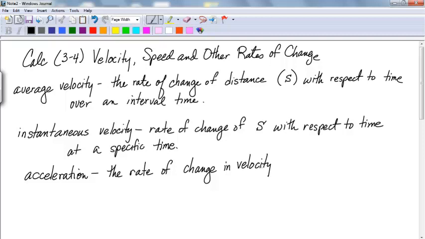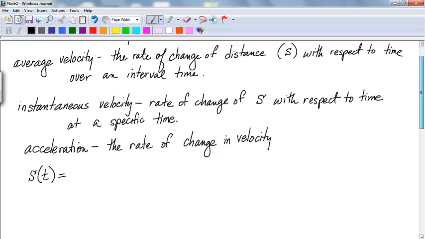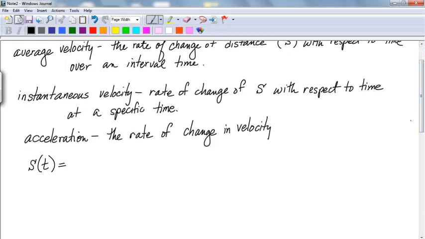Okay, now here's how they all tie together in Calc. They will give you a formula for distance, and that formula is going to be written as S of t equals something. The first derivative, S prime of t, is the same as velocity.